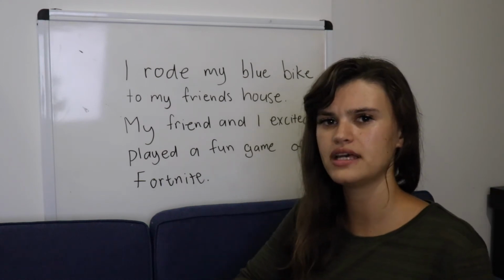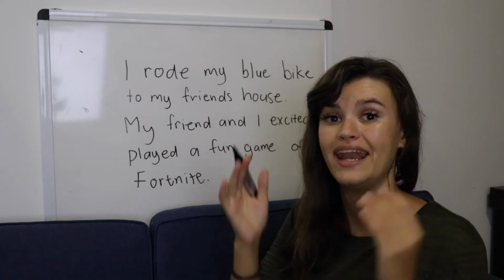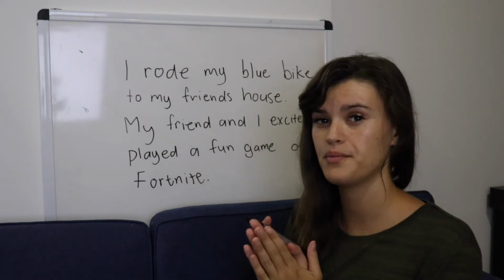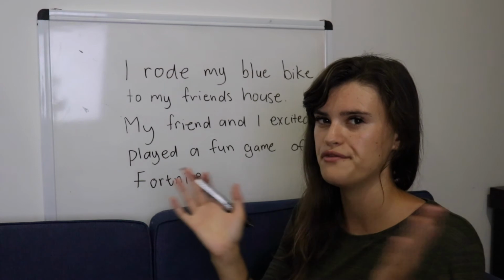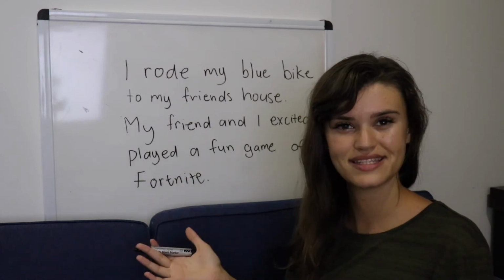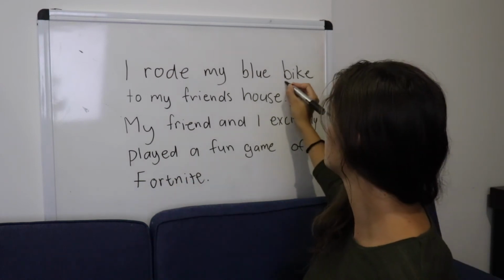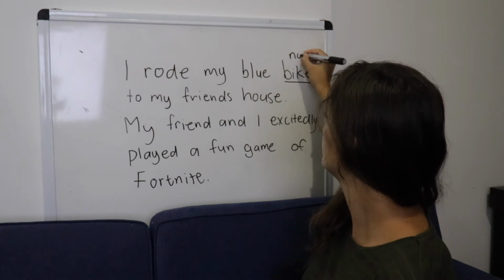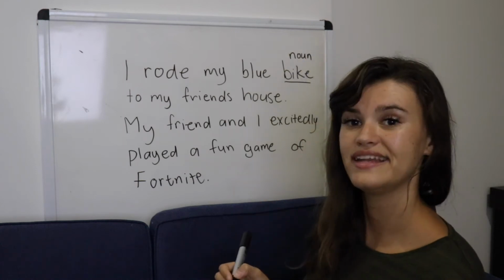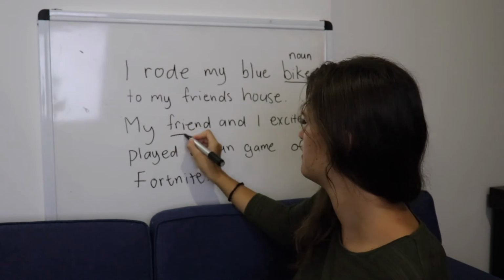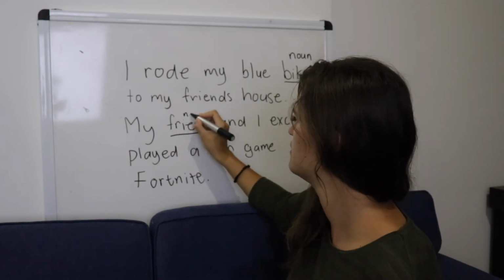Let's see if we can find the nouns. Remember, nouns are everyday objects or places. A bike is a noun. Friend is a noun.